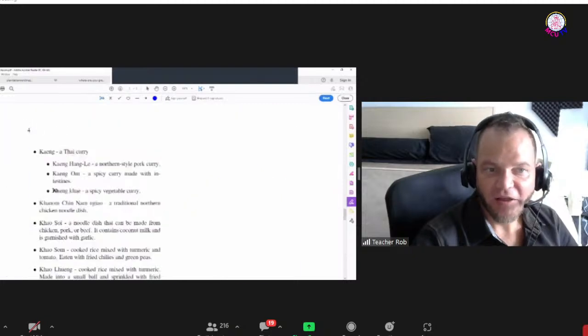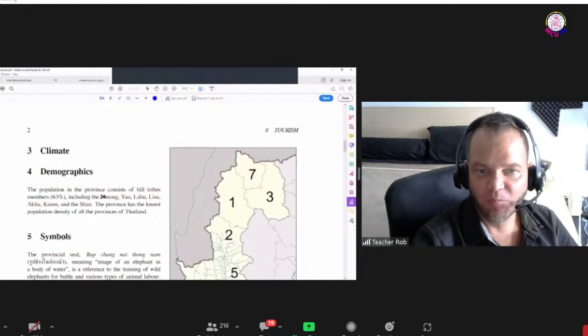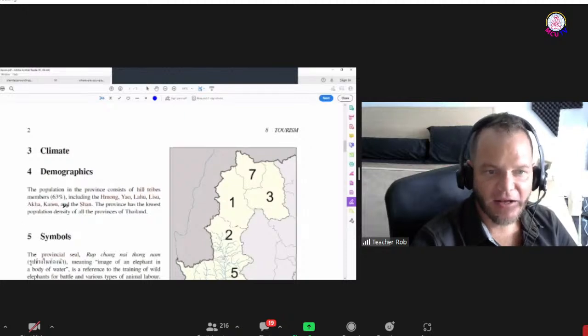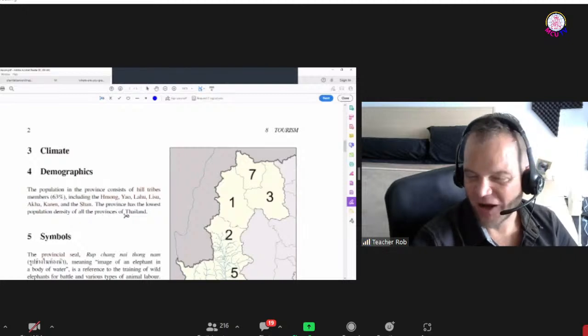Part 4 goes, the population in the province consists of hill tribe members. Now that includes Hmong, Yao, Lahu, Lisu, Aka, Karen, and the Shan. Okay. Now the last sentence goes, the province has the lowest population density of all Thailand provinces.